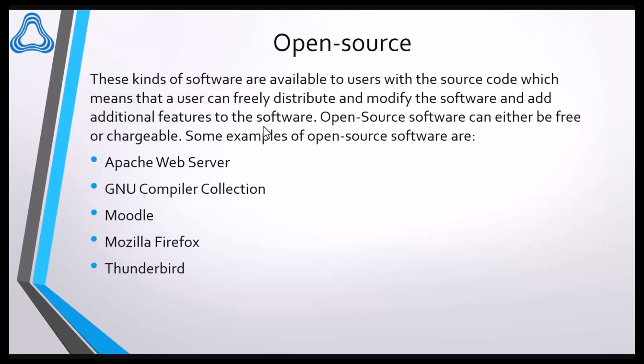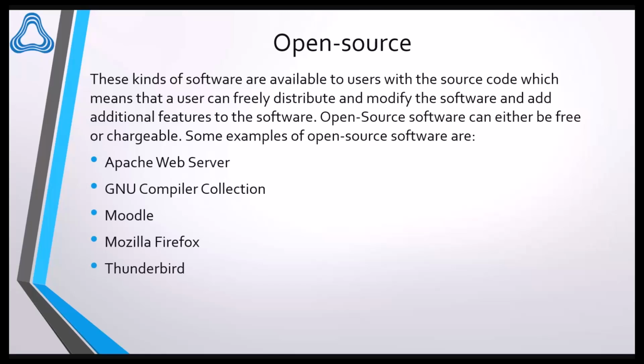That is why we have so many variations or distributions, which we call distros, of Linux, because different people will look at the source code and make changes to suit their own particular needs. Open source software can either be free or chargeable, and some examples are the Apache Web Server, the GNU Compiler Collection, Moodle, Mozilla Firefox, and Thunderbird.